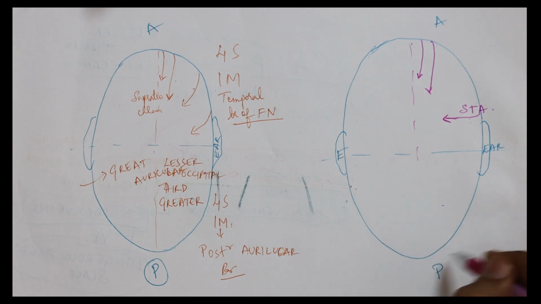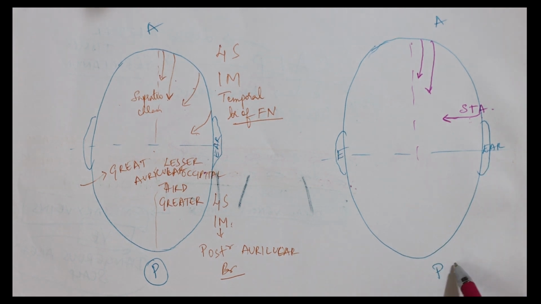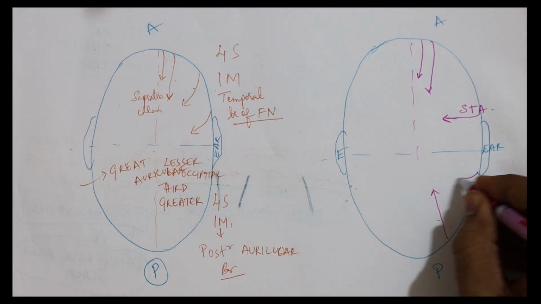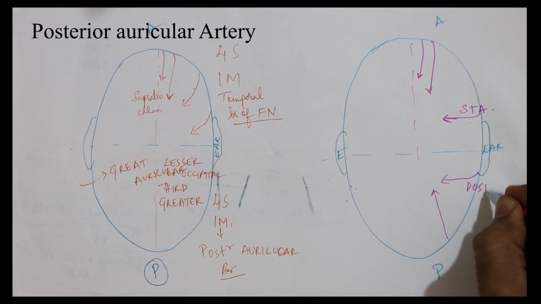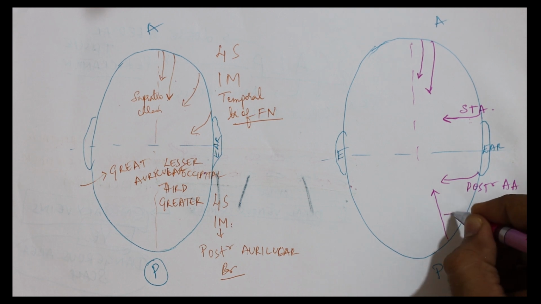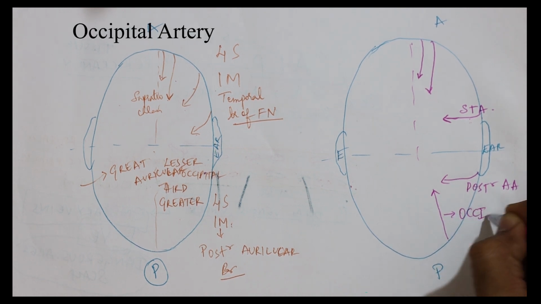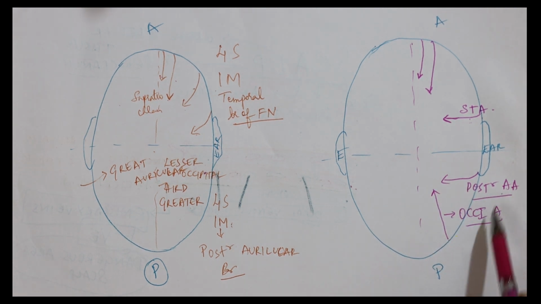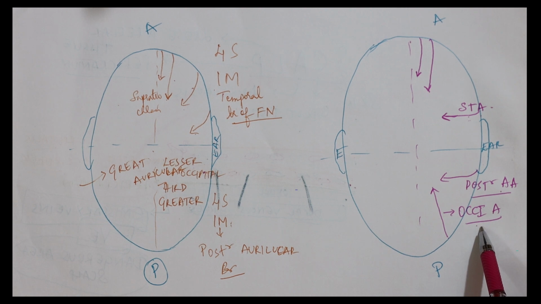Whereas the posterior quadrant of the scalp, that is behind the ear, is supplied by 2 branches, the posterior auricular artery and also the occipital artery. Both of these are branches coming from the external carotid artery.